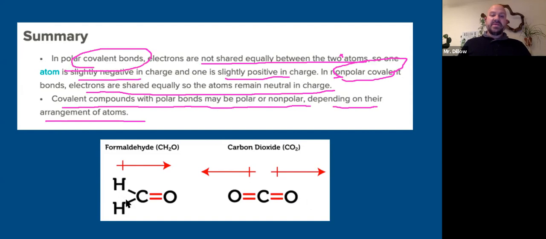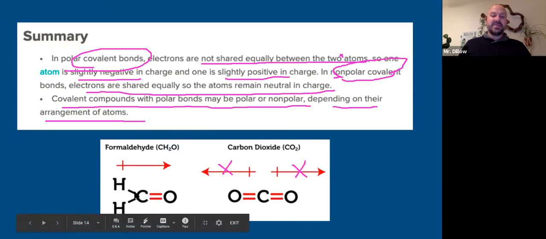In this case, we have CO2, which is what we just looked at, and there are two bond dipoles, but they cancel each other out, like we said. But in the case of formaldehyde, which is a chemical that's used to embalm dead bodies to preserve them, there is a slight dipole because it sort of has a similar shape to water, just with a carbon in the middle.